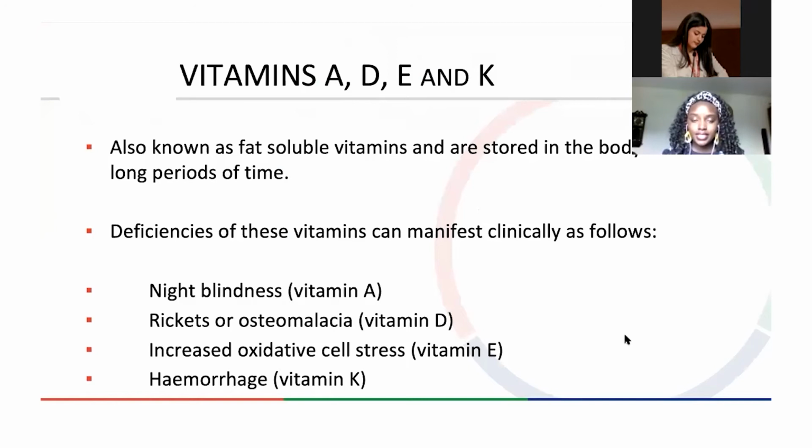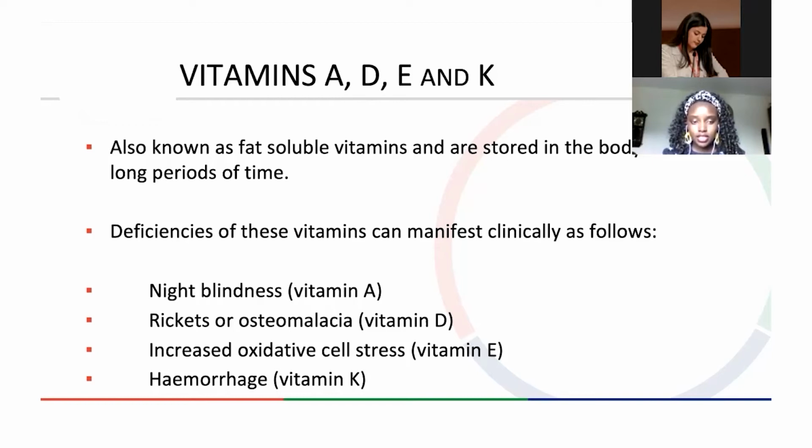So, vitamins A, D, E, and K are also known as fat-soluble vitamins, and they tend to be stored in the body for a long period of time. The deficiencies of these vitamins can manifest as follows. For vitamin A, you mostly have night blindness, or what we call the Bitot spot.